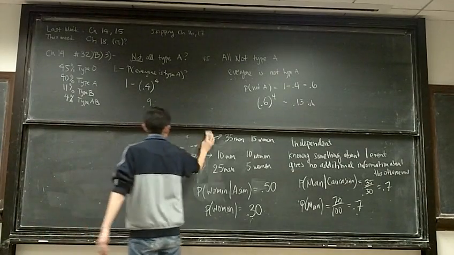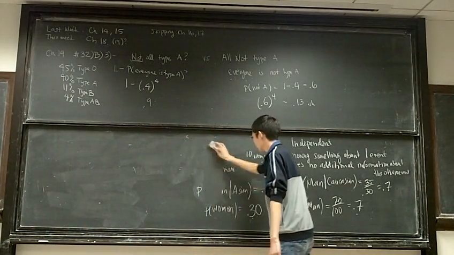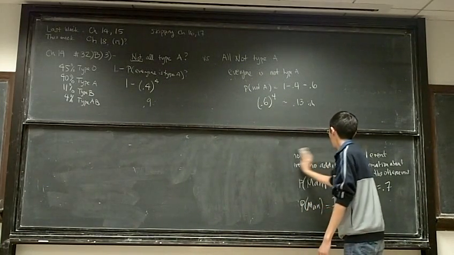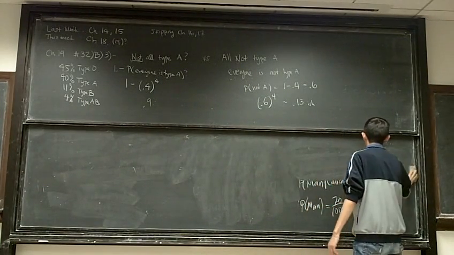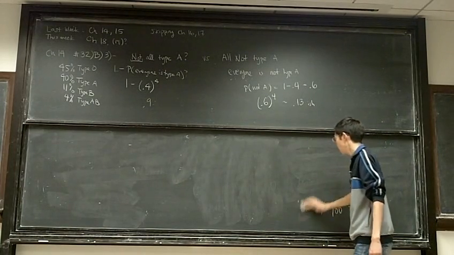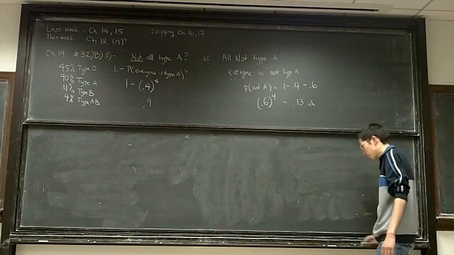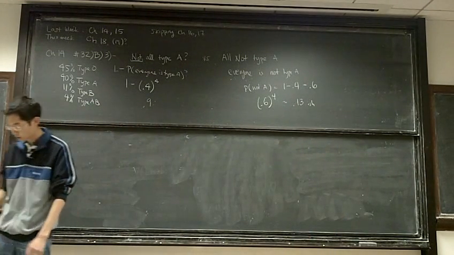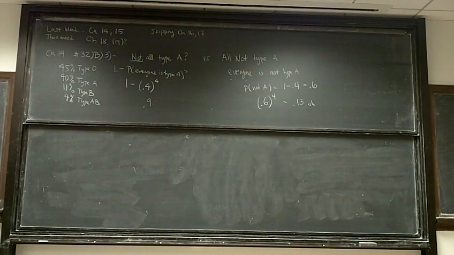Okay, so that's that, and then let me talk a little bit about tree diagrams, and then we will get into chapter 19. Okay, is that okay on independence and disjoint?